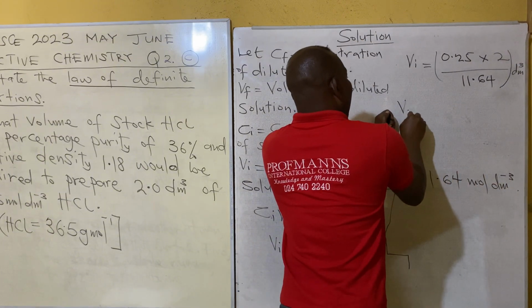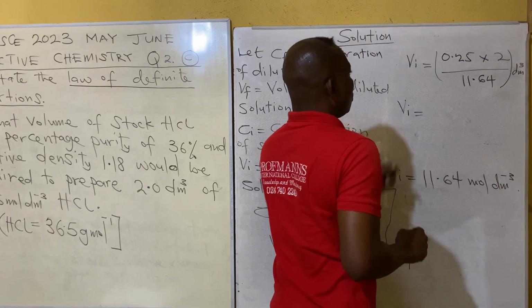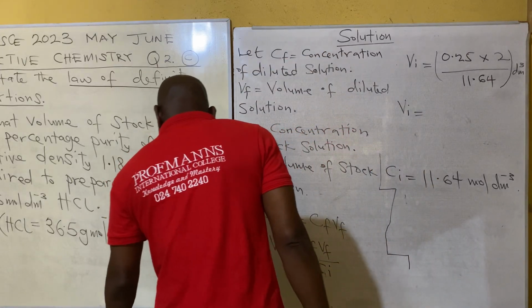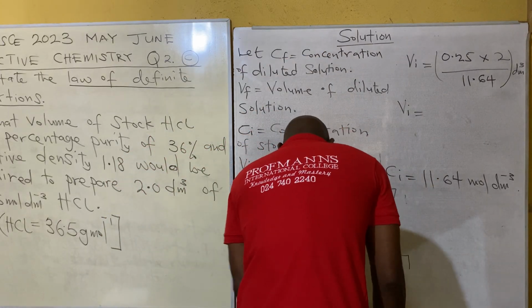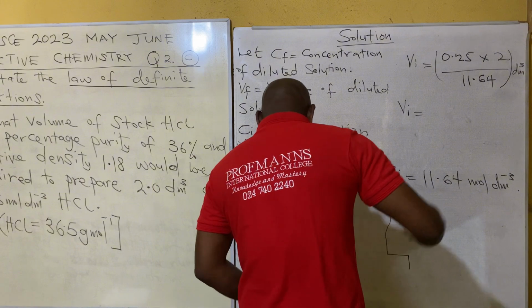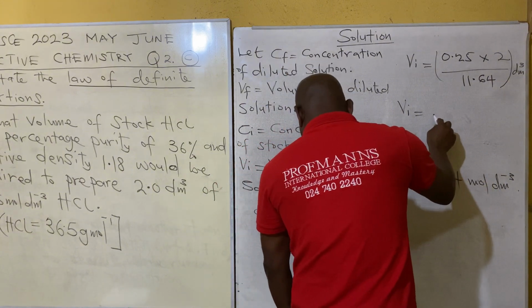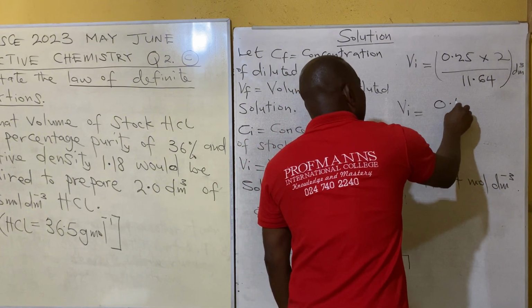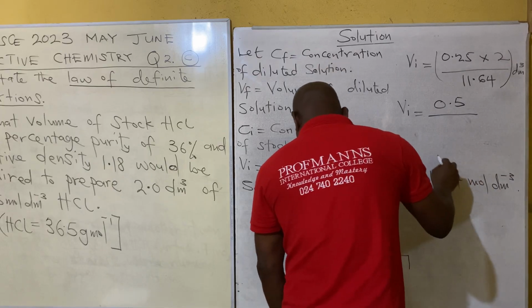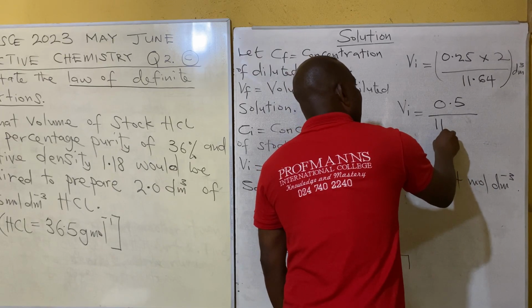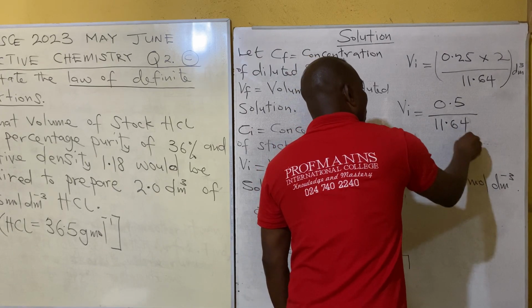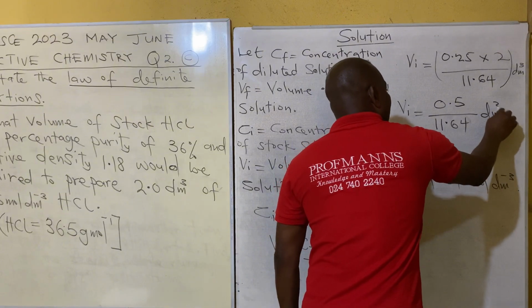So Vi is equal to, now when we multiply the numerators, it is going to give us 0.5 all over 11.64 dm cube.